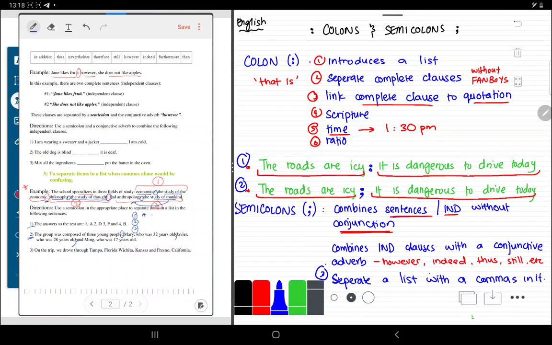Each of these questions has A, B, C, D. So here, for question 1, the answer is A. So A goes to 1, and you put your semicolon after. In question 2, your answer will be D, and then you have your semicolon after. And then in question 3, it's F, and for question 4, it's B.